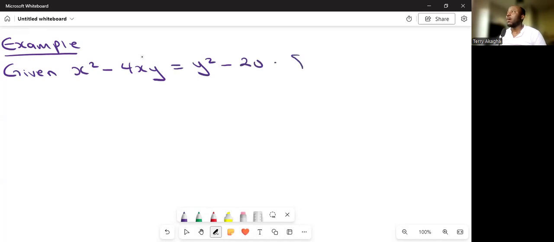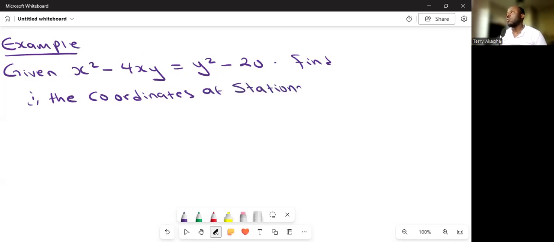We're told to find, number 1, the coordinates of the stationary points.